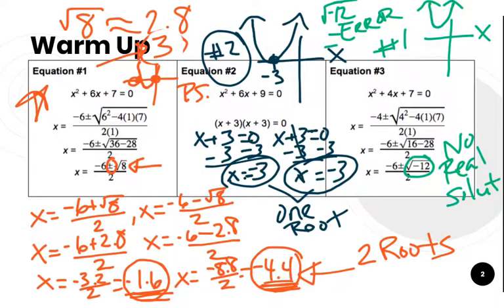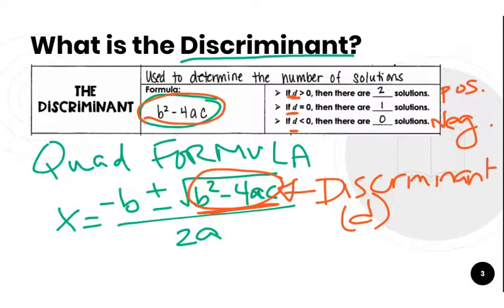And we saw that here, because we have a negative discriminant, it's a negative 12. And so when it's negative, no real solutions. And that's basically the lesson.